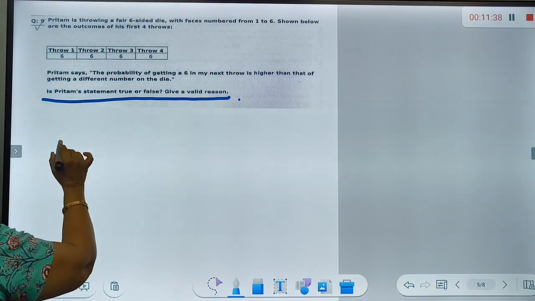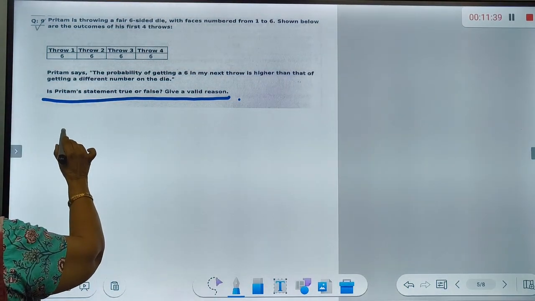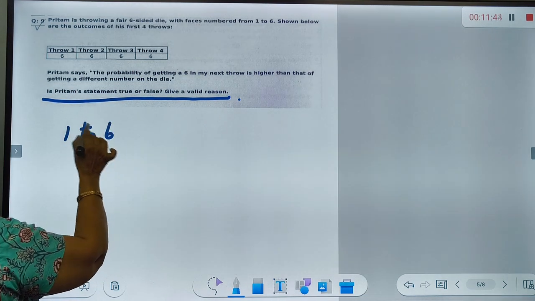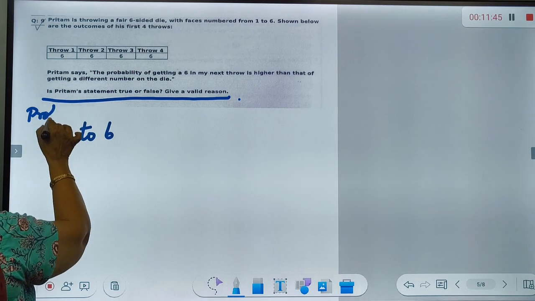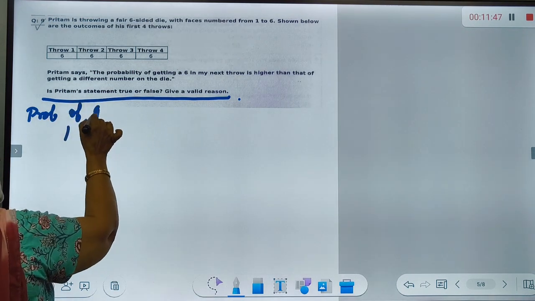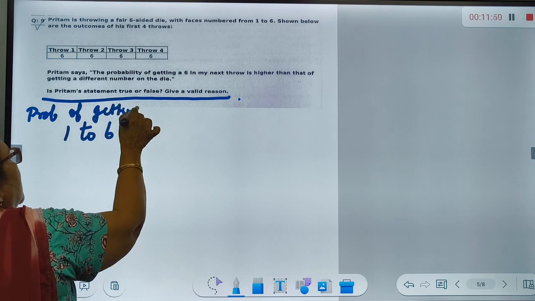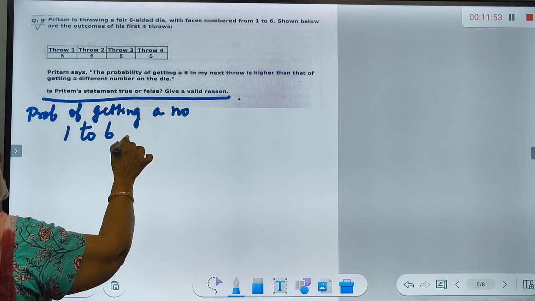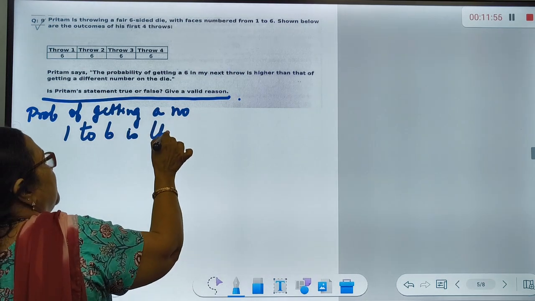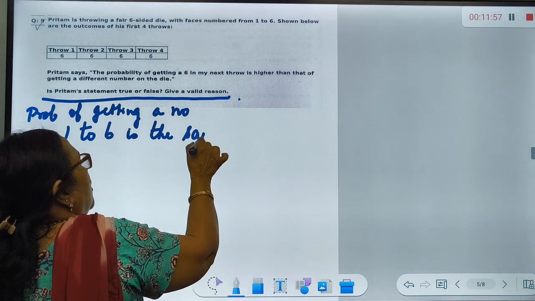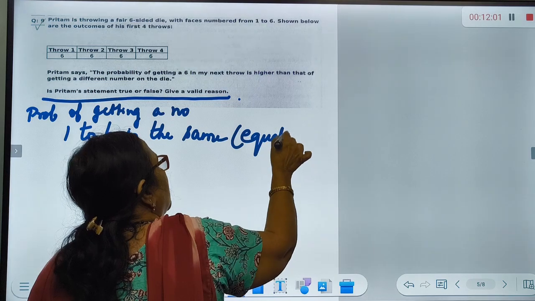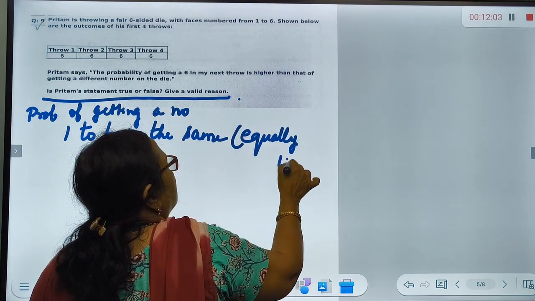You must all know that when you throw a die, the probability of getting a number 1 to 6 is the same. That is why we call it equally likely. Each one is equally likely to occur.